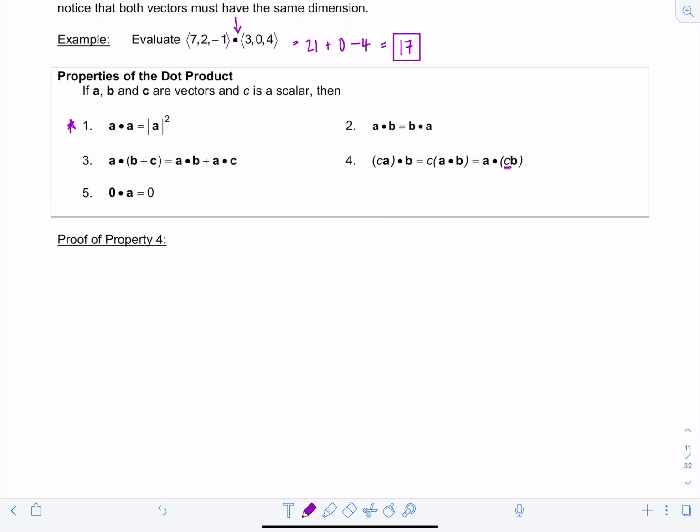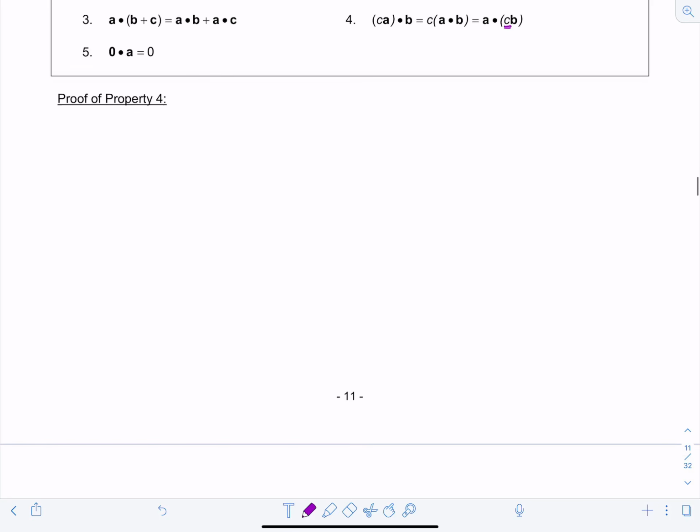Now we're going to do a proof of property 4, and you should be able to prove all of the properties here in this box, 1 through 5. So I'm going to work through an example of how to do a proper proof. Let c be any real number, some scalar, and vector a I'm going to define to have components a1, a2 up until an, and vector b has components b1, b2 up until bn.